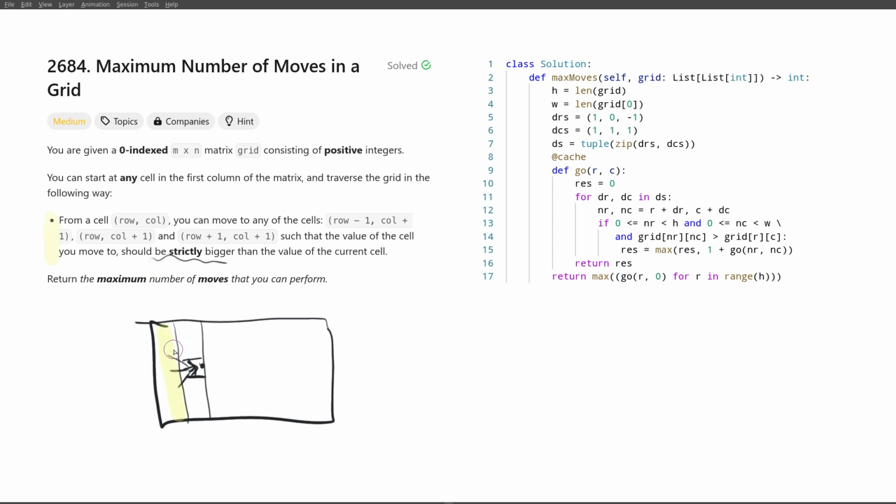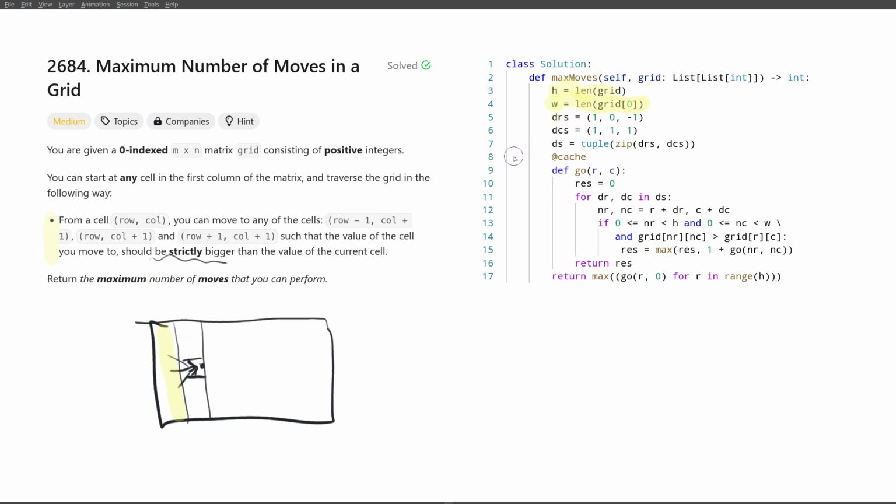This will be correct because, of course, there are no cycles: after moving, the number has to increase, which allows us to make sure that we'll visit every position essentially once, or at most once. So, looking at the code for that solution, we have standard boilerplate.